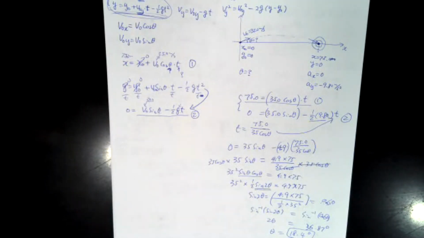So this is A. B is asking you, if there's a tree halfway in between the archer and the target with an overhanging branch 3.5 meters above, will the arrow go over or under?